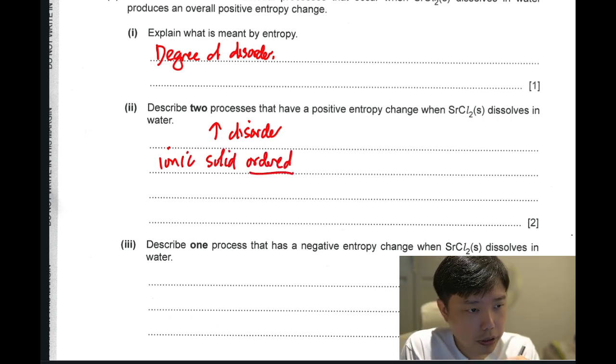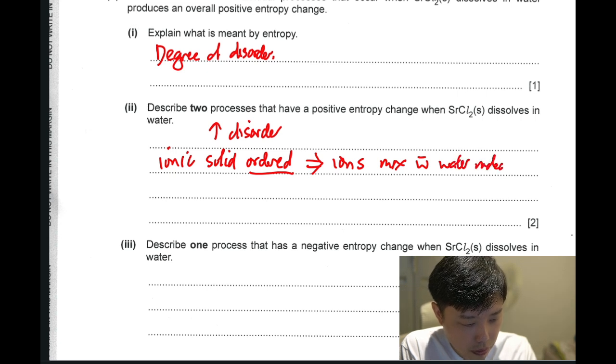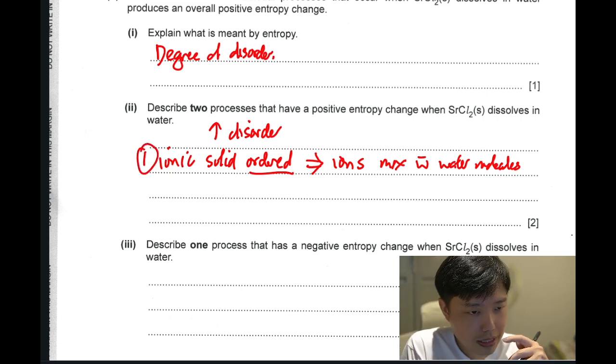It is very orderly. Okay, but when you dissolve it, then your ions will mix with water molecules. Okay, so this will increase the disorder. So this is process number 1.